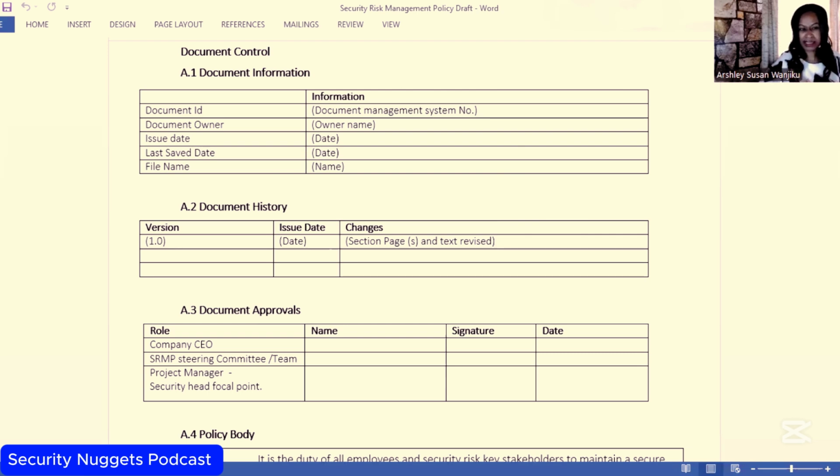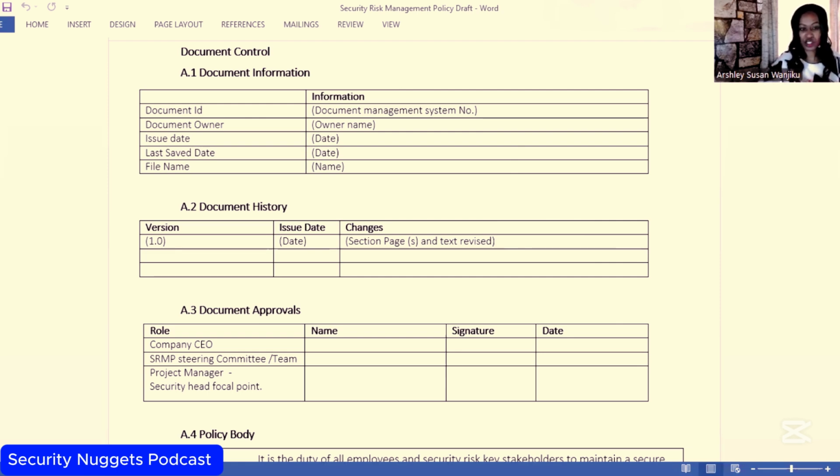And the document owner here is going to be the head of security, the head focal point of security, who is heading the security department in your organization. That is going to be the owner of the document, and we're going to see why that is the case, especially in the responsibility section down there as we're going through the policy document.